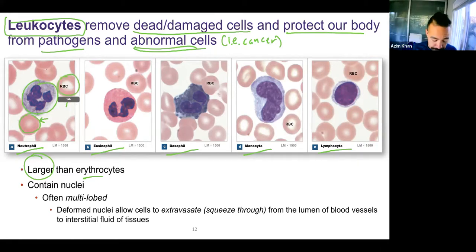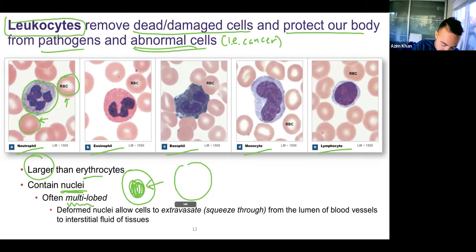Significantly bigger. They have nuclei, that's a big difference compared to erythrocytes. What's interesting about these nuclei is that they're often multi-lobed. So it's not just one nice round nucleus, it could be a nucleus with 2 lobes. So it's still one nucleus, one continuous piece, but it's separated into 2 parts.